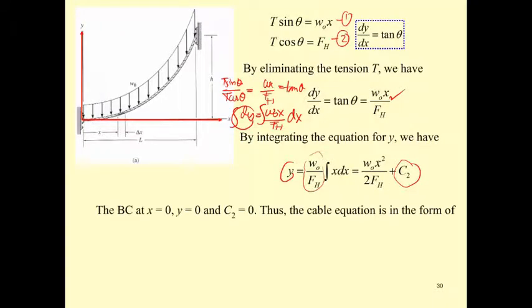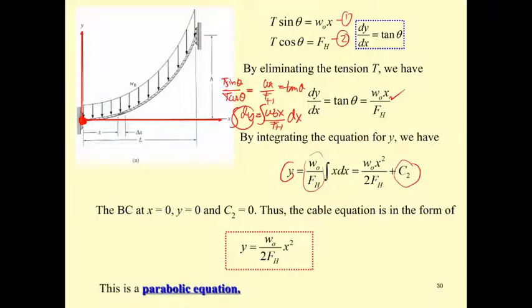Again, use the boundary condition at x equal to 0 and y equal to 0, so 0 equals this one, 0. So C2 equals 0. We arrive at the cable equation, which is the parabolic equation.